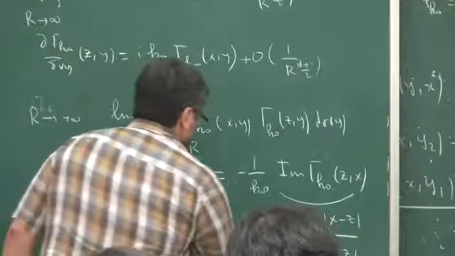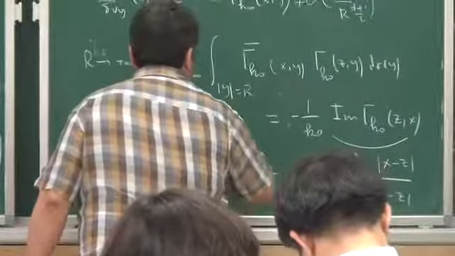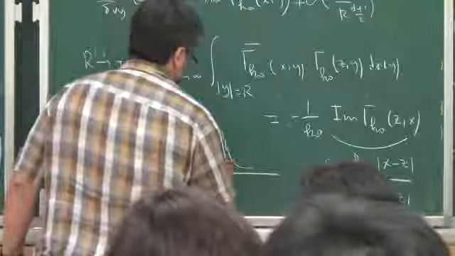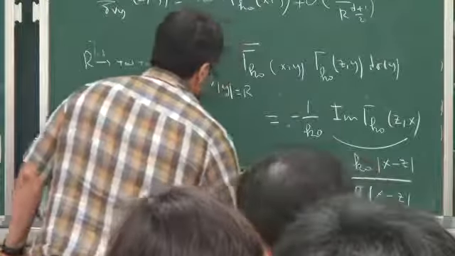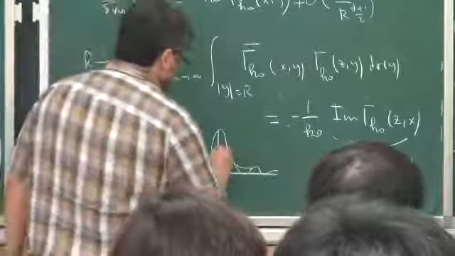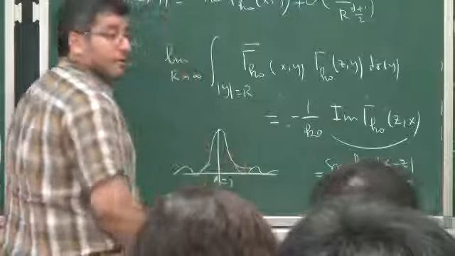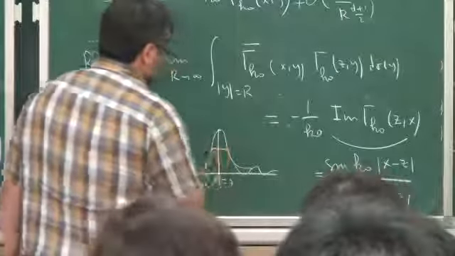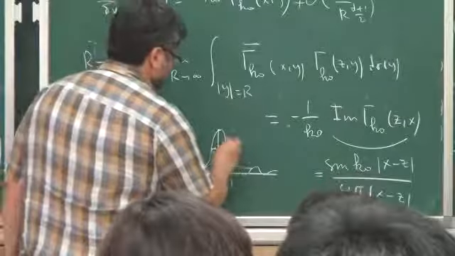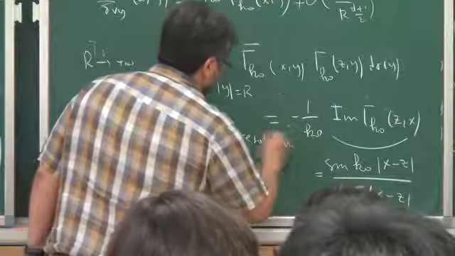So this function is something like this. This is at 0, and then it oscillates. This is the sinc function, and its maximum is at x equal z. But this is half of this maximum. This would be our resolution limit. Actually, this is the Rayleigh resolution limit.